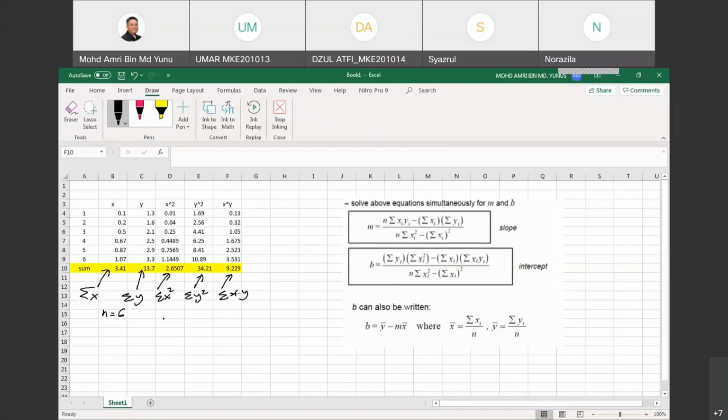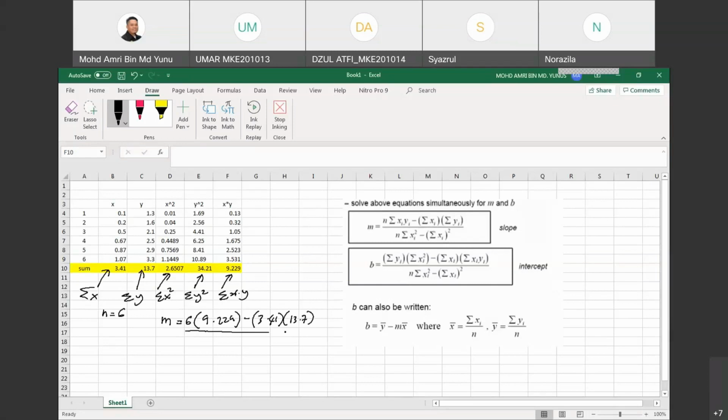So to find m, n is 6 multiplied with the sum of xy here, 9.229, minus the sum of x here, 34.1, multiplied with the sum of y, 13.7.